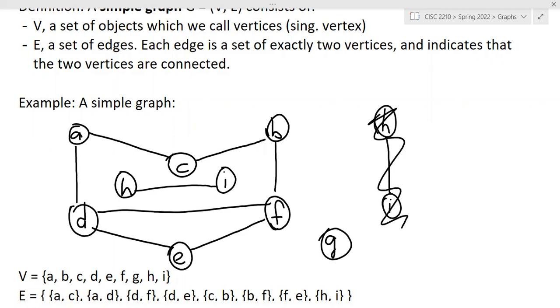Because the point of a graph is not the way it's laid out on paper. The only point of the graph is two things: which vertices do I have? In this case, the same vertices, A through I. And what edges do I have, meaning which vertices are connected to which vertices? So the exact way you arrange it on paper doesn't matter. It's still the same graph.